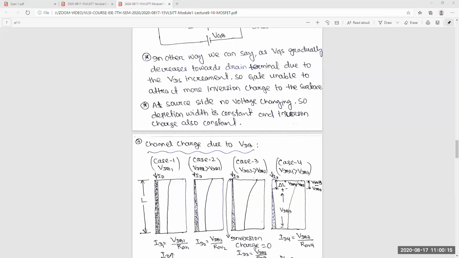If you plot ID versus VDS, that means R is almost constant. Okay, so it's linear. Now if you increase voltage, gradually it will go from linear to another shape.